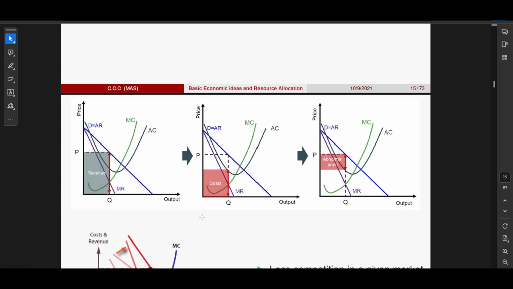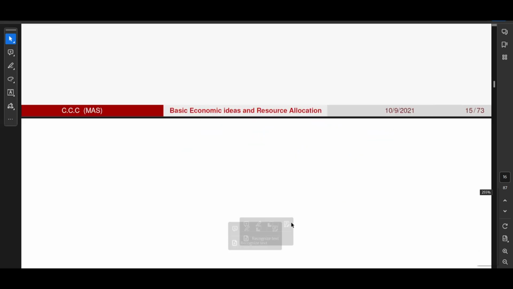This is just a basic example. This is your cost. How can we know this is your cost? It's basically where this broken line intersects the average cost curve. That is where your cost is going to be.